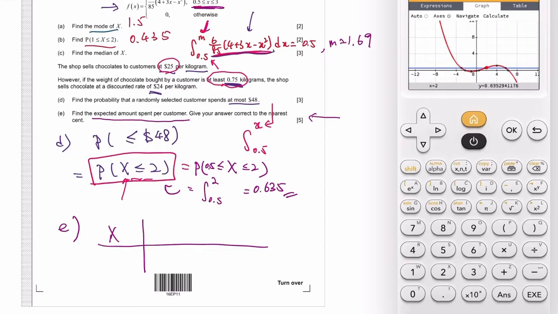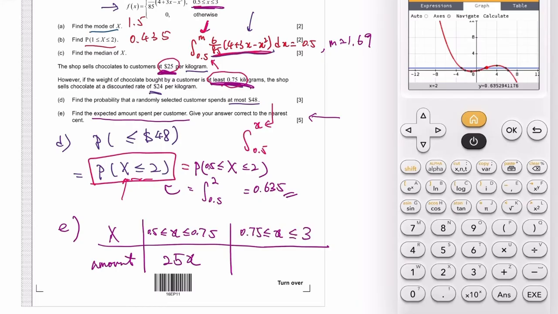The idea is this: if x is between 0.5 to 0.75, then the chocolate would be $25 per kilogram, so the amount that you need to spend would be 25x. While if x is between 0.75 to 3, then your chocolate is $24 per kilogram. So your amount spent would be 24x.